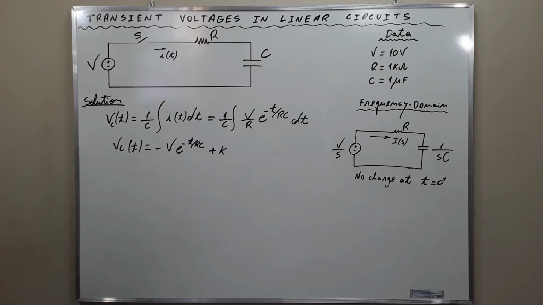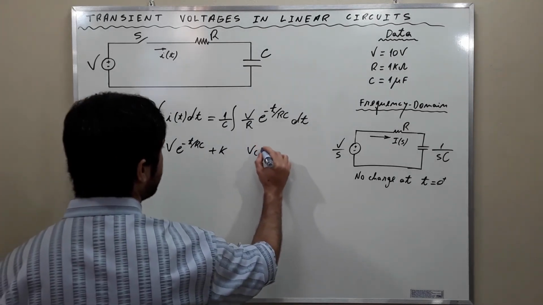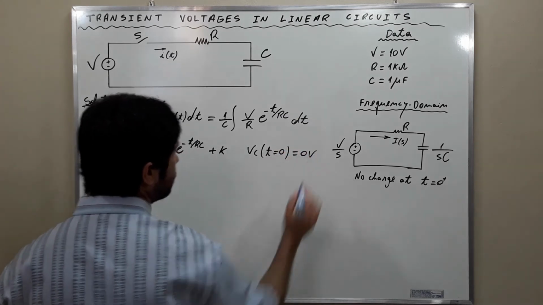And if at t equal to 0, the capacitor is completely discharged, Vc of t equal to 0 is 0 volts.